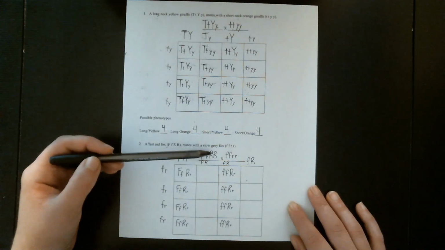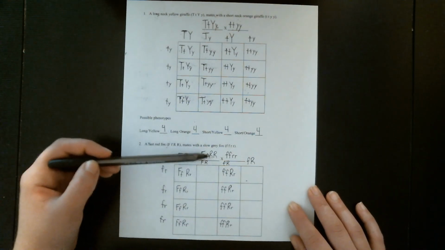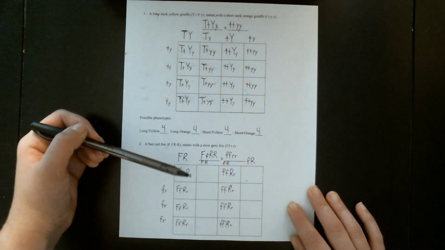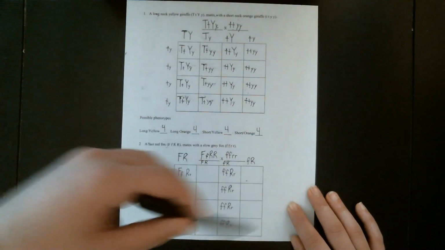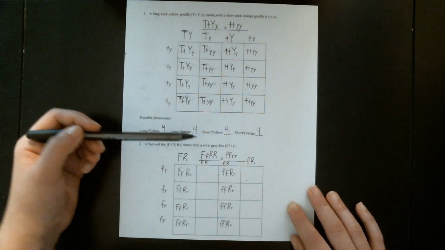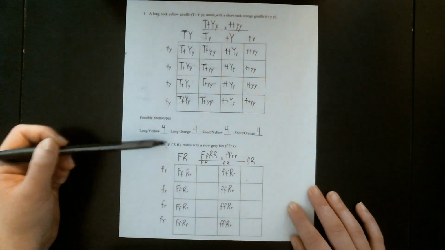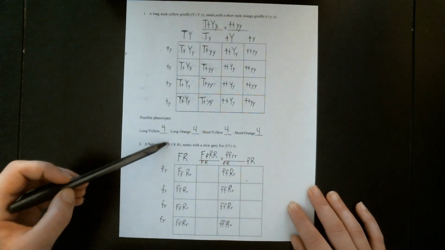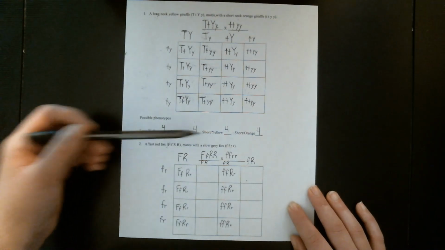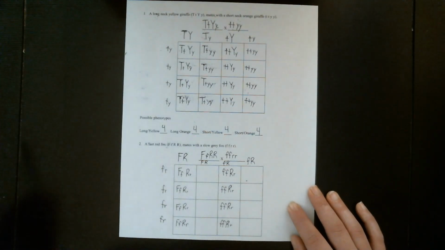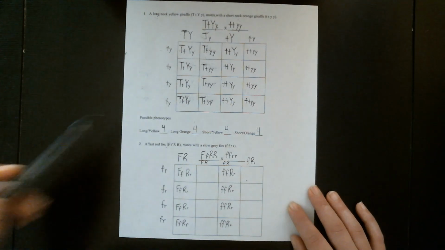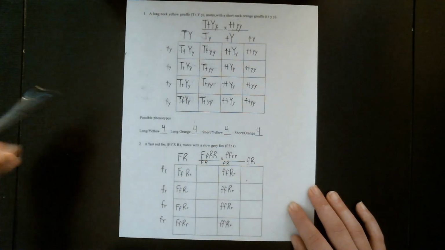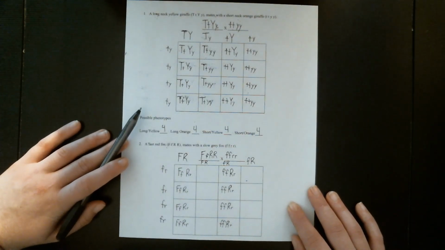Because mom is homozygous dominant for this color trait, she can only pass on that allele, and all of these kids, every single kid they have is going to be red, but because she's heterozygous, she can pass on either of these alleles, and so they will get half fast and half slow children. But you can't get any gray ones, so you won't get any fast and gray or slow and gray. So yeah, that is a dihybrid cross.